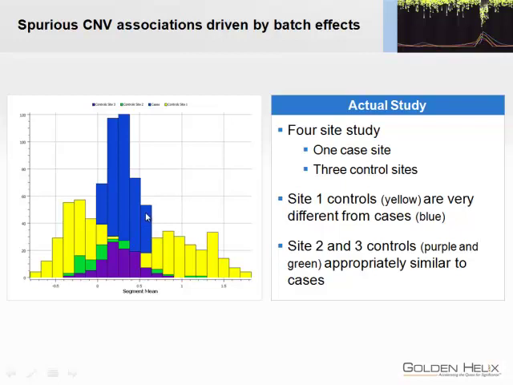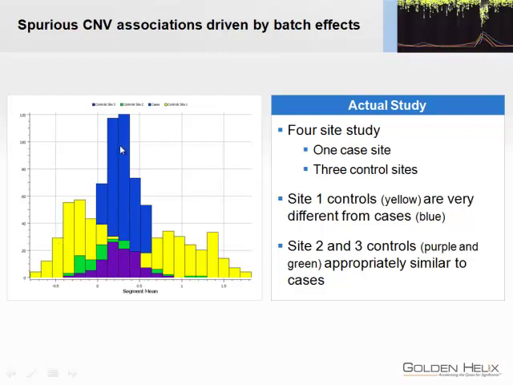is exemplified right here. We had a 4-site study, so there were actually 4 different places the genotypes were collected, and they were run at different times experimentally. The blue is a set of cases. It was about half of the samples. The other 3 colors in the histogram are different control samples.